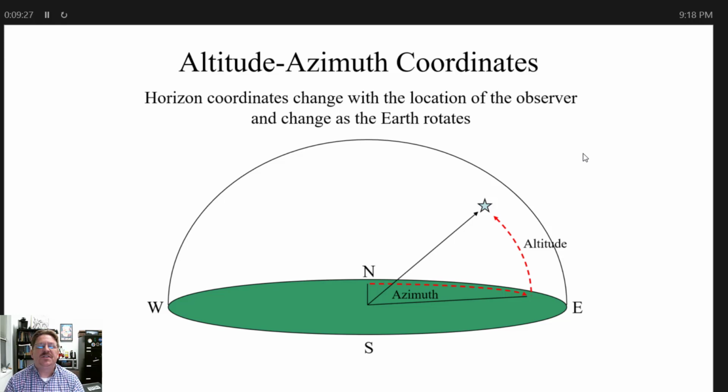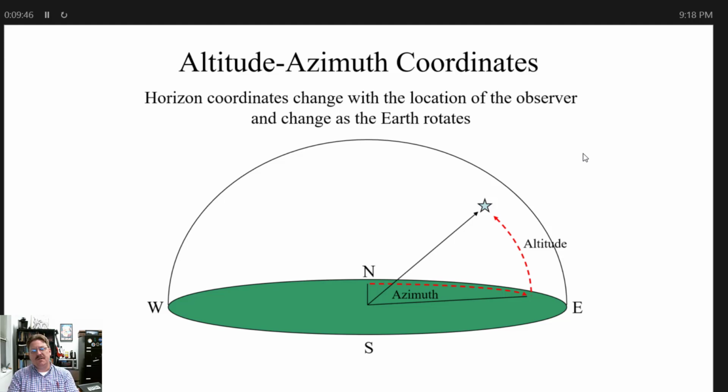Azimuth is essentially how far around this flat plane you have to turn in order to find the object of interest. And we define the 0 point as due north. Azimuth is the angle from north through east.